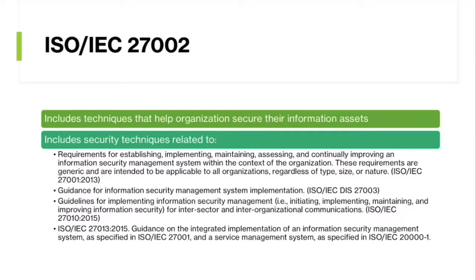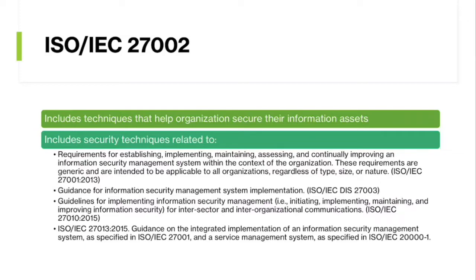ISO IEC 27001:2013. So guidelines for information security communication, which is ISO IEC TR 27003, guidelines for implementing security management, that is initiating, implementing, maintaining, and improving information security for intersector, interorganizational communication.